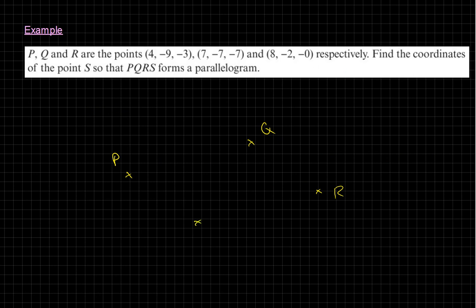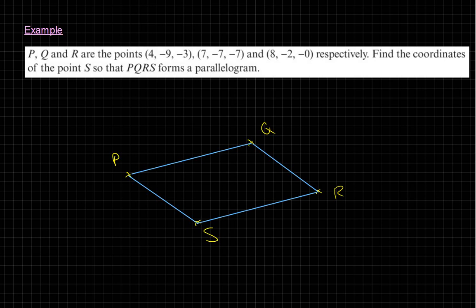So you're given information already by the fact that it's P, then Q, then R, then S. You have to connect them in that order. So if I do a P here, let's say that's P, that's Q, let's say that's R, and then S, because it's a parallelogram, let's draw it so it roughly looks like a parallelogram, S here. Okay. And then I'll connect up those points.